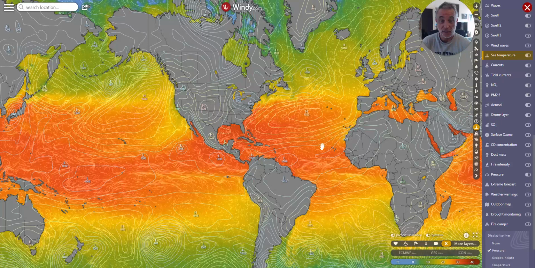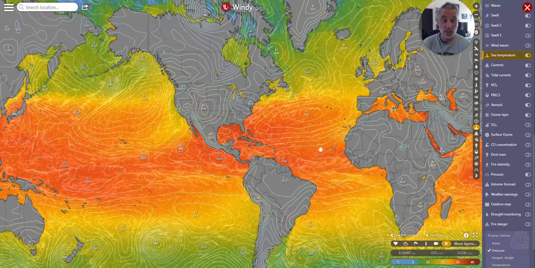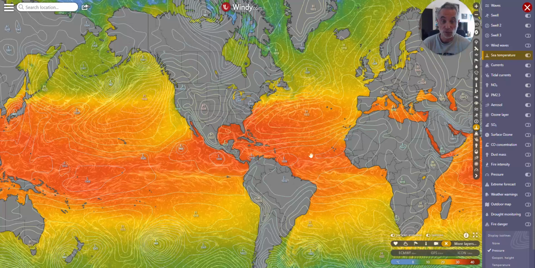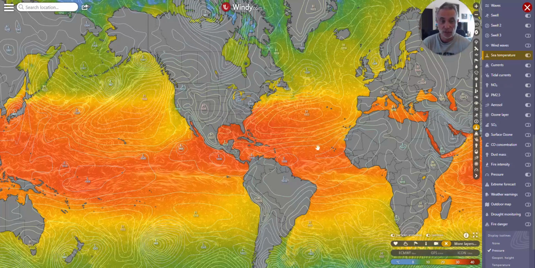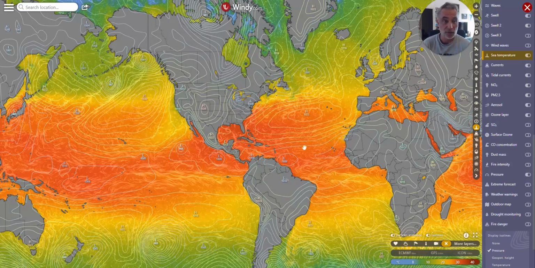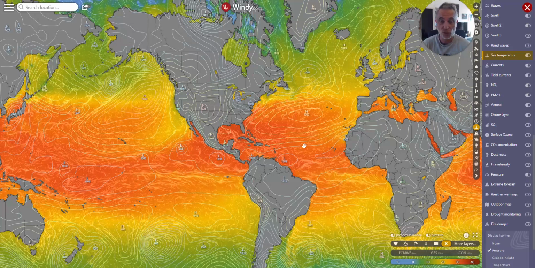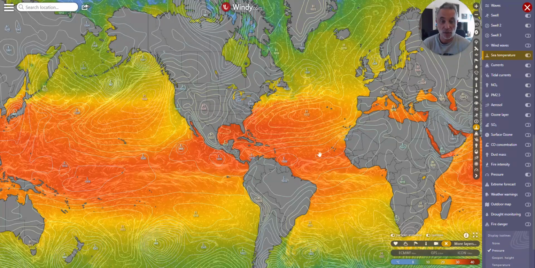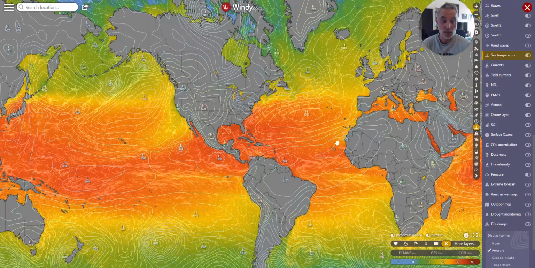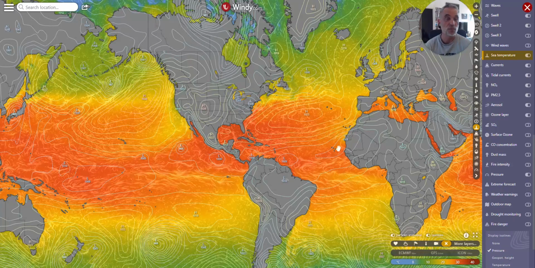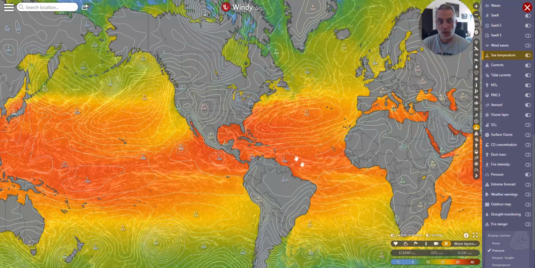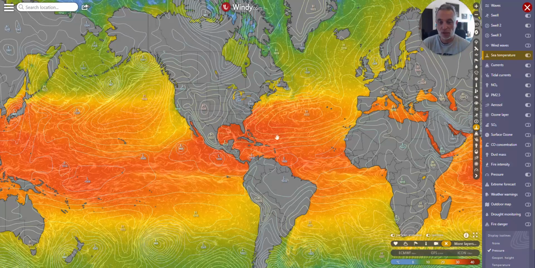And you can see that, for example, over the subtropical Atlantic with the trade winds and these warm sea surface temperatures, this is why we tend to have a hurricane season between June 1st and October 31st, because this is the time of year where the sea surface temperatures are the warmest, and that could potentially help develop some tropical systems. So we'll keep an eye on the tropics over the next few months to see what actually develops.